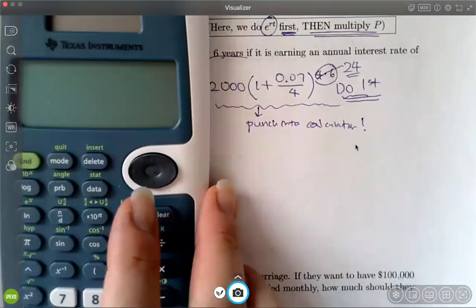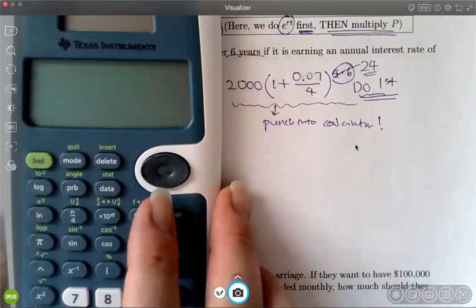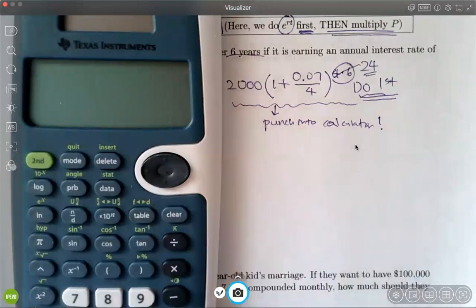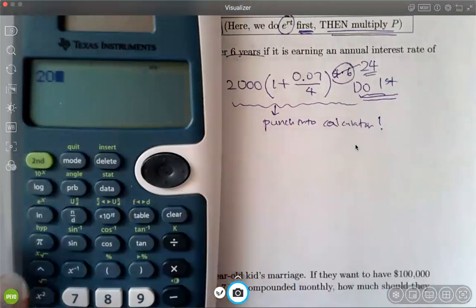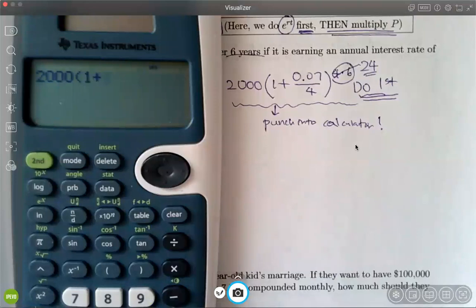If you have a graphing calculator, that's fine. You can type in exactly the way it's written. So 2000, and then it says parentheses, so you put parentheses. Then 1 plus 0.07 over 4, which means 0.07 divided by 4, and then you close it.